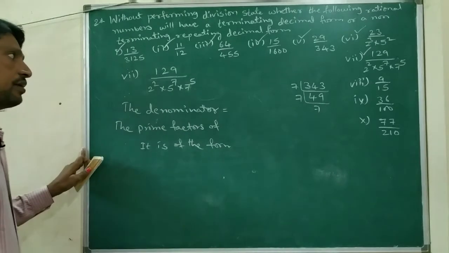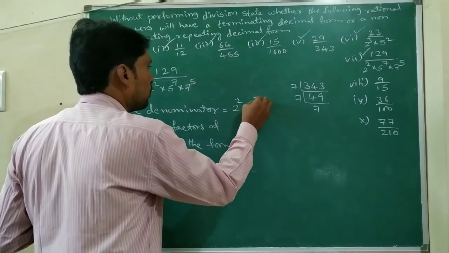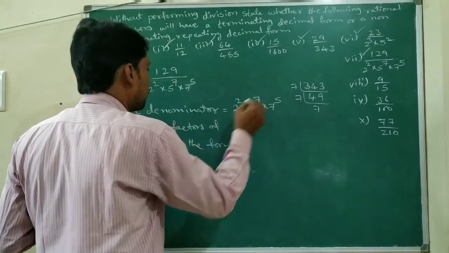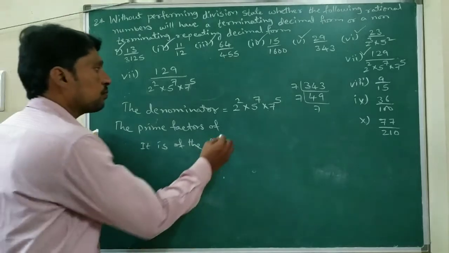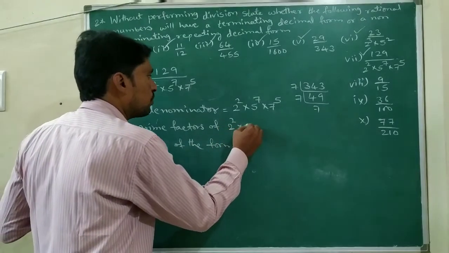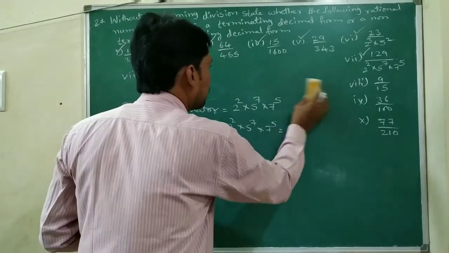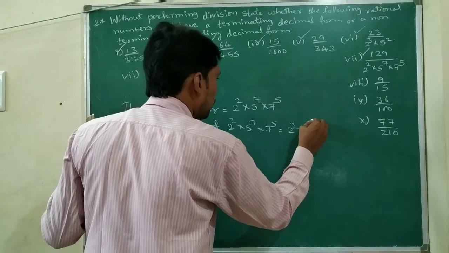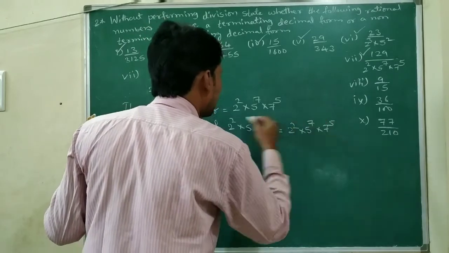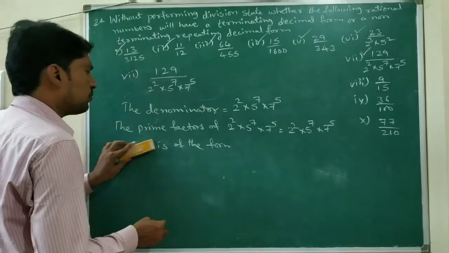So what is the denominator here? 2 power 2 into 5 power 7 into 7 power 5. The prime factors of the denominator are the same, 2 power 2 into 5 power 7 into 7 power 5. Directly also we can write this step, no need.